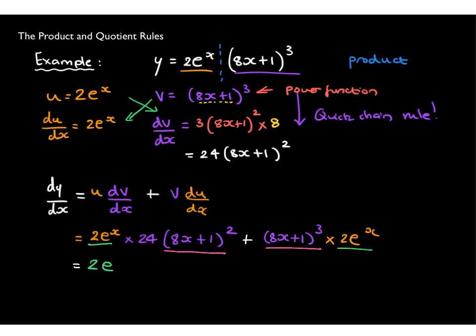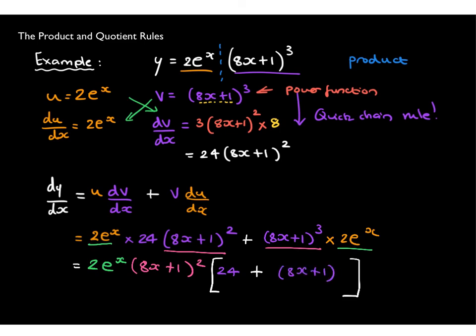So let's take out 2e^x, and let's take out (8x+1)^2. I'll put in the big square brackets for clarity. And then what would go inside these brackets? Well, we need a 24 in this part here, and then we simply need an 8x+1 here.